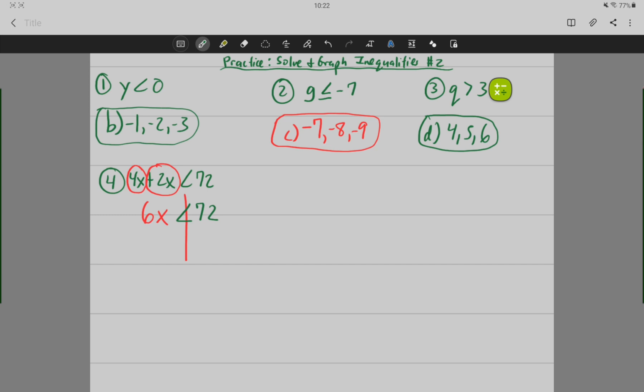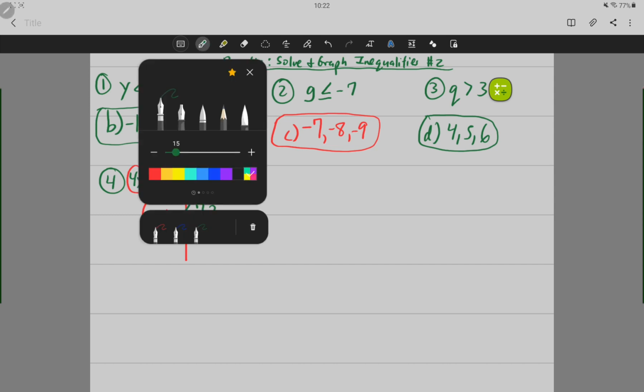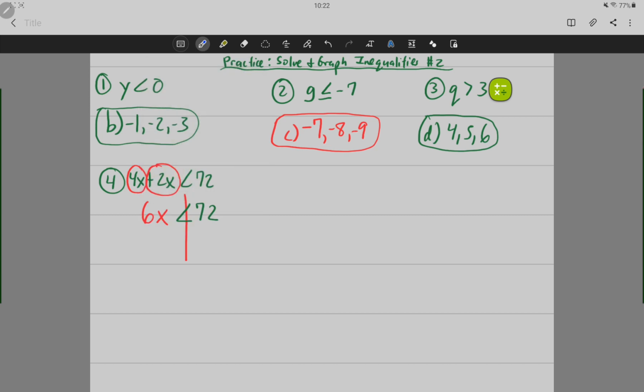Now we want to get x by itself. So to get rid of that 6, we know it's multiplication, 6 times x. And because we're looking at multiplication, we undo it with the opposite operation of division. So divide by the coefficient of 6. Remember, coefficient is just a number in front of the variable that's multiplying it.